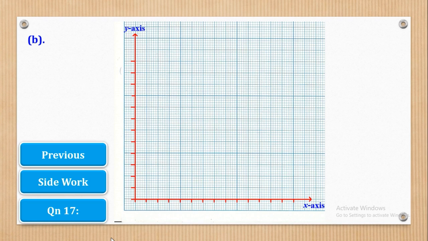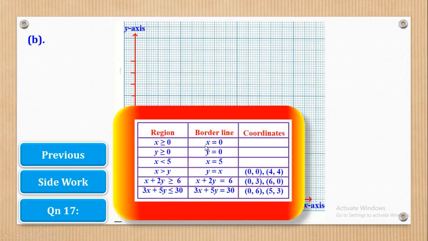So after that, we shall now start drawing. First of all, the lines x equal to 0 and y equal to 0. X equal to 0 is the y-axis and y equal to 0 is the x-axis. Therefore, those ones are already sorted. We are going to start from x equal to 5.